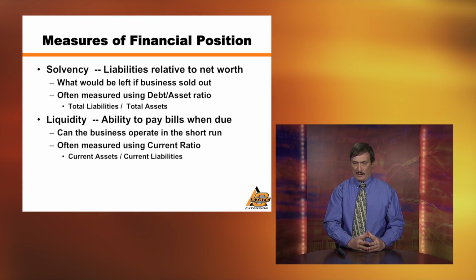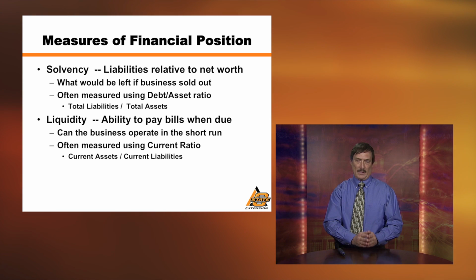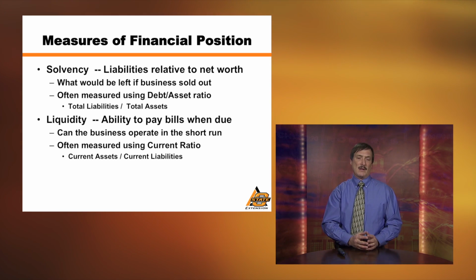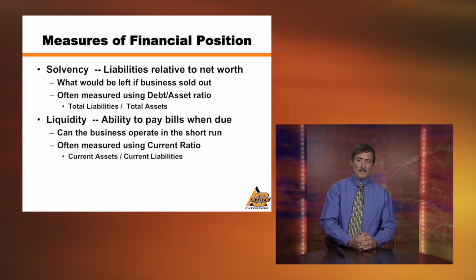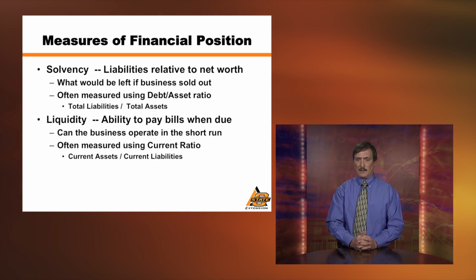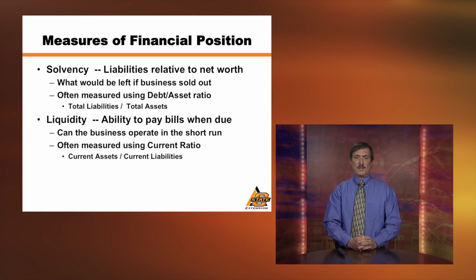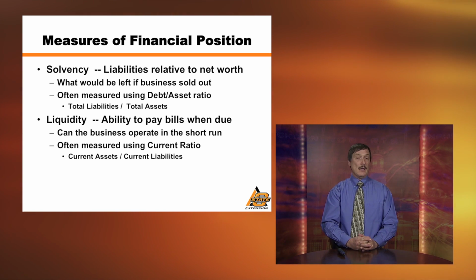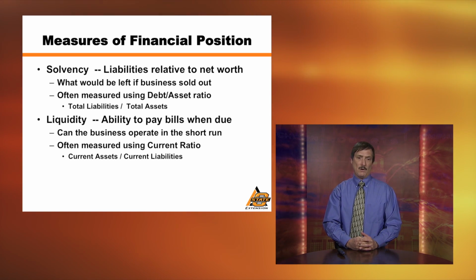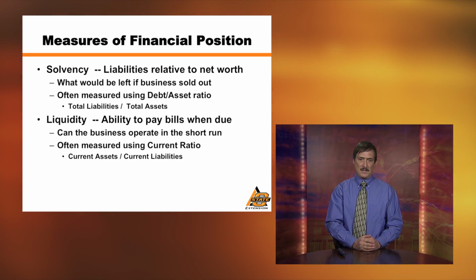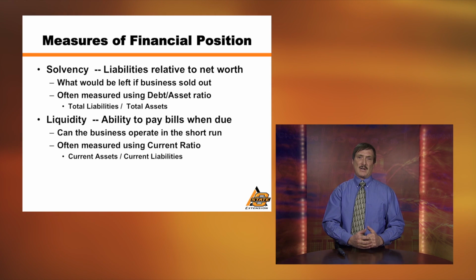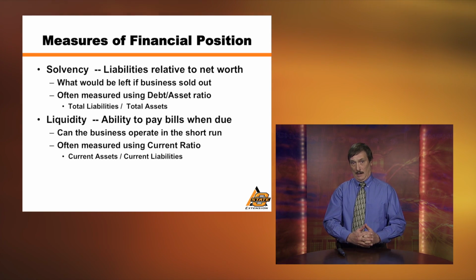We can measure that in absolute terms, the absolute level of net worth, the absolute value of the equity in the business, but more commonly in the business world and in agriculture in particular, we like to use a ratio. We like to use something like the debt to asset ratio, the total value of all the debts divided by the total value of all the assets, which puts it on a scale independent framework.